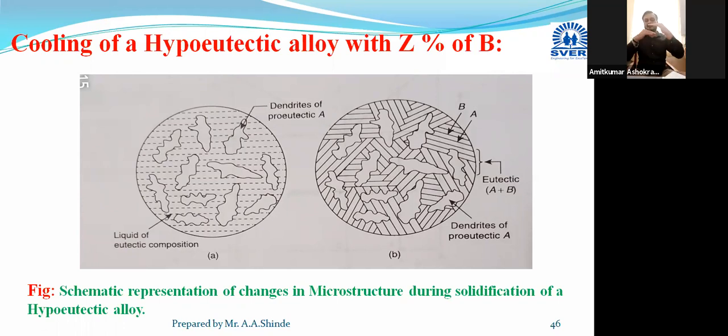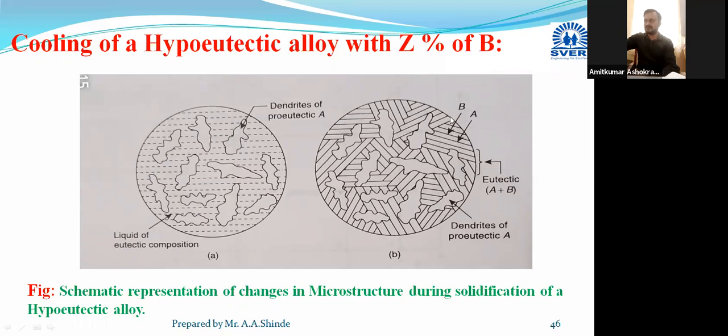Suppose this is element A, this is element A's layer, and above that, element B. Like this, layers will be obtained. Element A and element B layers will be obtained, and this is termed as eutectic.